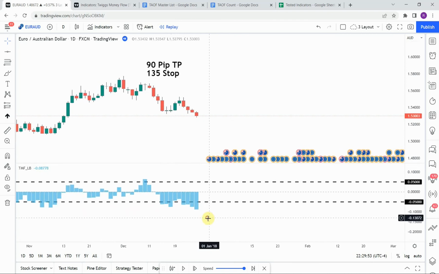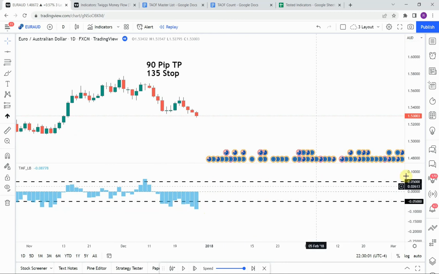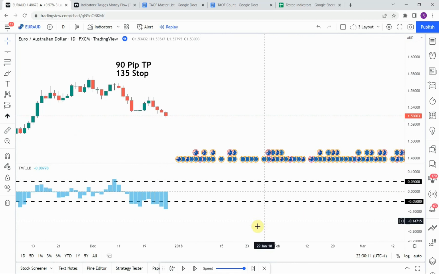And so in this case, what I did was I added in these dashed lines. And so these are at the positive 0.5000, whatever it is. And this one is at the negative 0.05000, whatever it is.